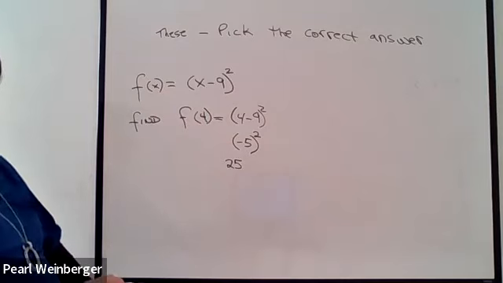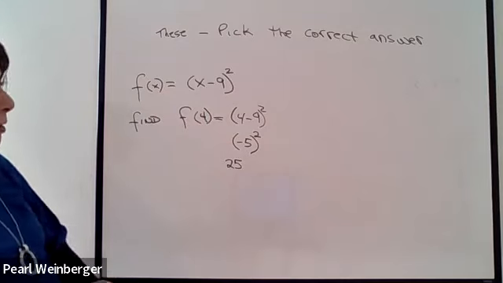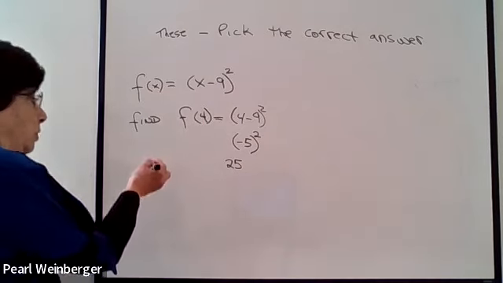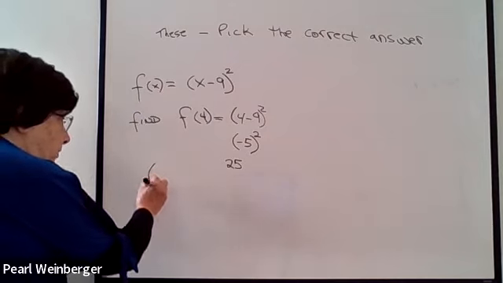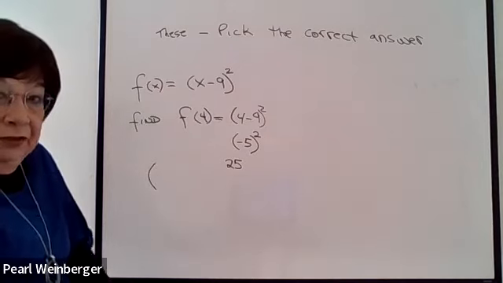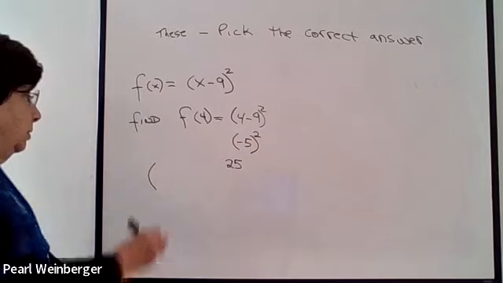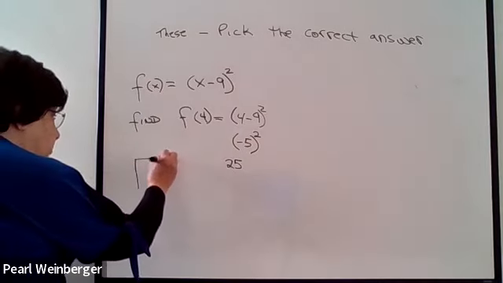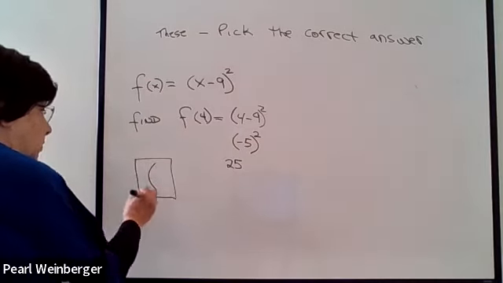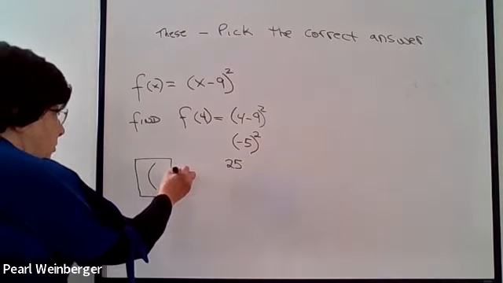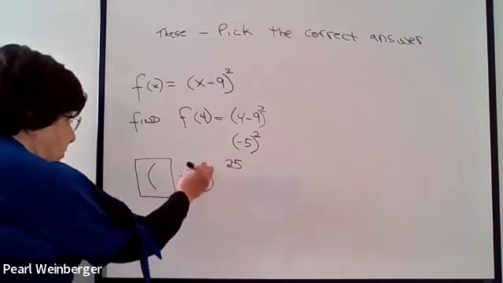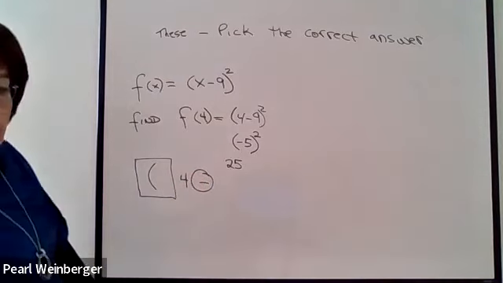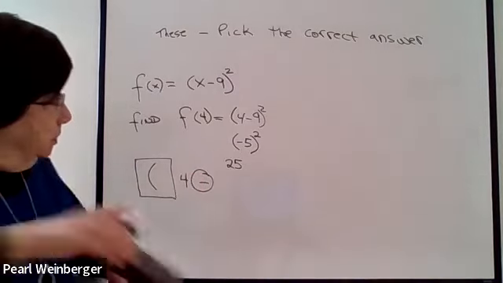If you wanted to do it on your calculator, this is what you would have done. You would press your open parentheses button. Here's your first button that you press. You then put in 4. Then you press the minus button.